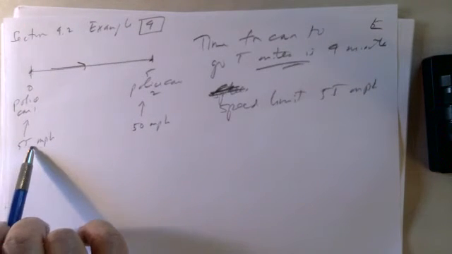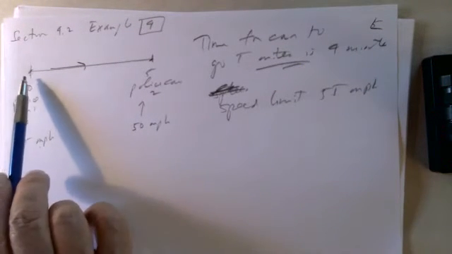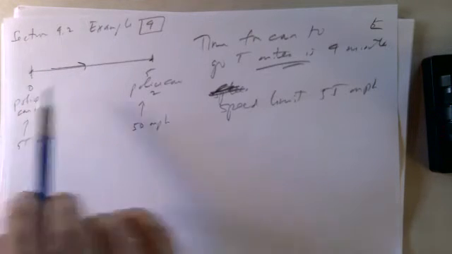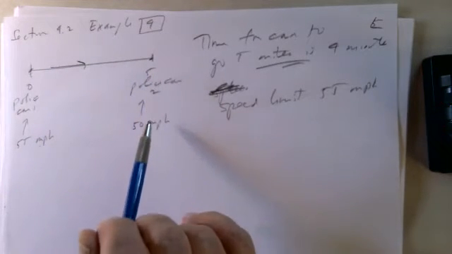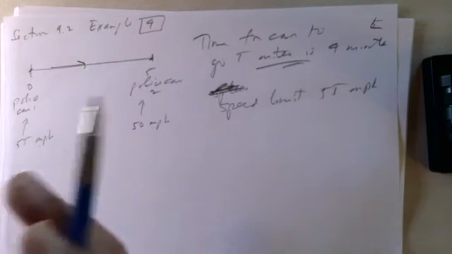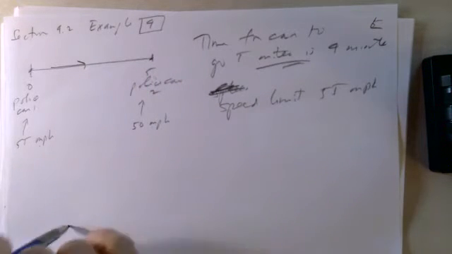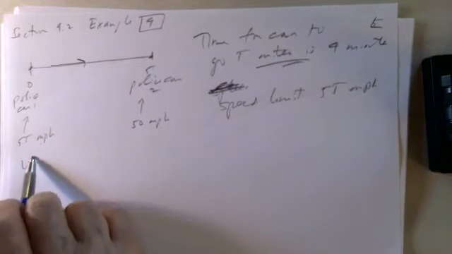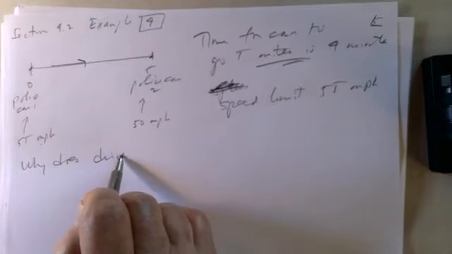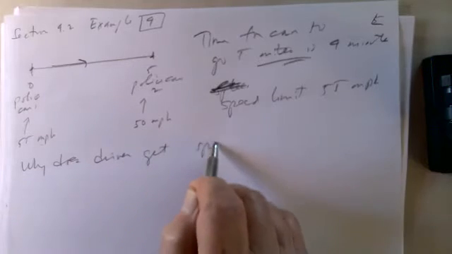The radar says the car is going 55 miles an hour when it passes this car. The radar says he's going 50 miles an hour when he passes the second police car, and still he gets a ticket for speeding. All right. Why does the driver get a speeding ticket?